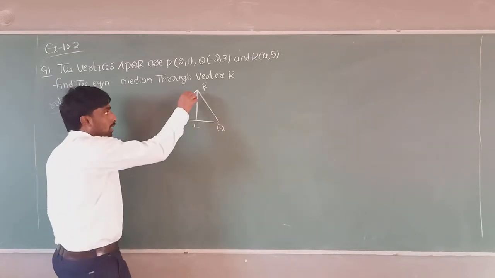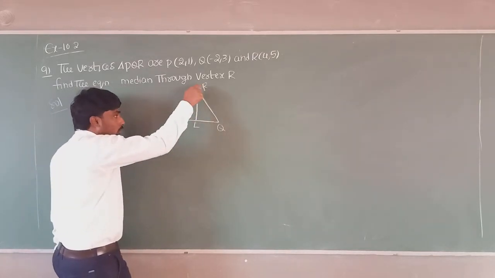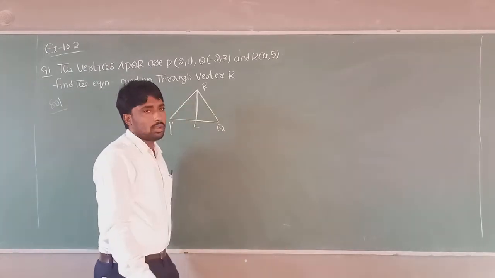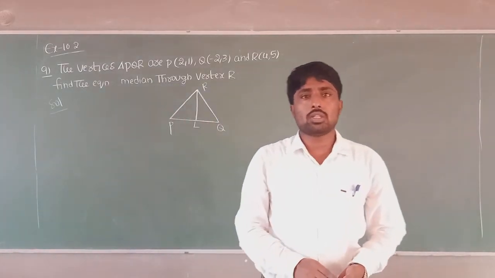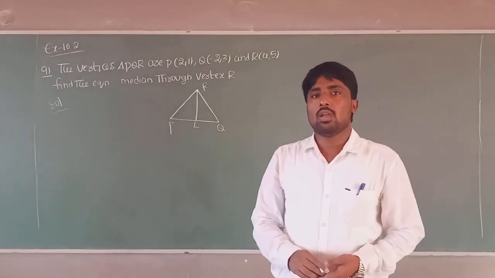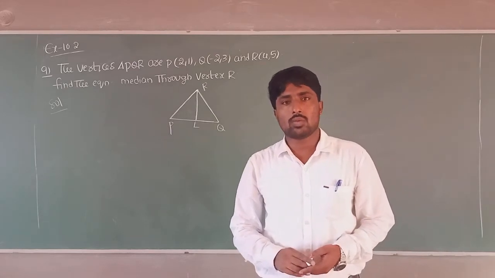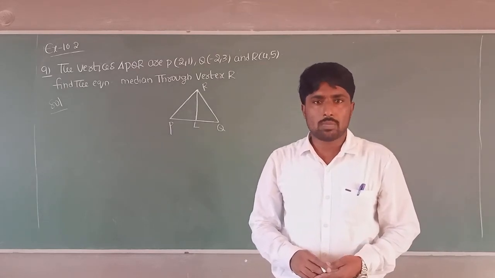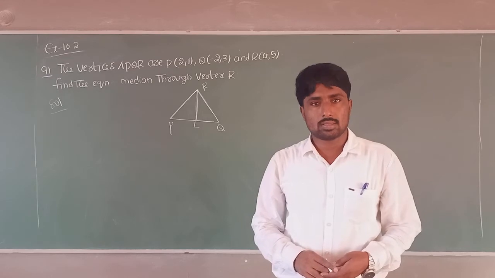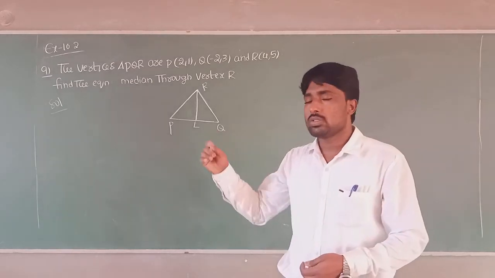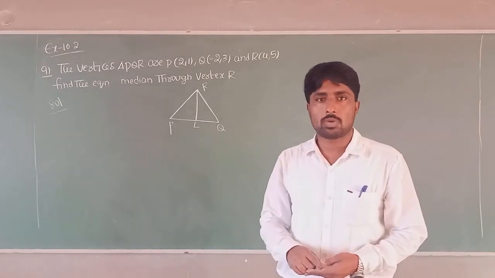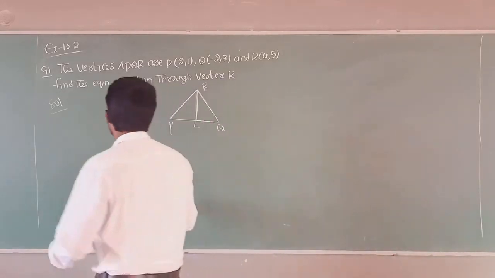Now, if you observe clearly, this line is passing through these 2 points. Then the equation of a line passing through 2 points formula is y minus y1 equal to y2 minus y1 by x2 minus x1. By using that concept, we have to solve this problem. Now all of you note down.